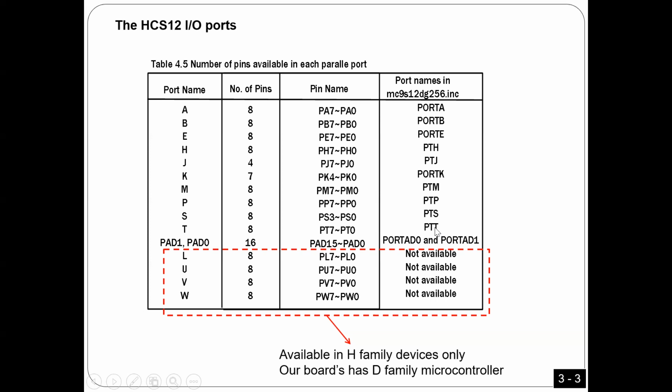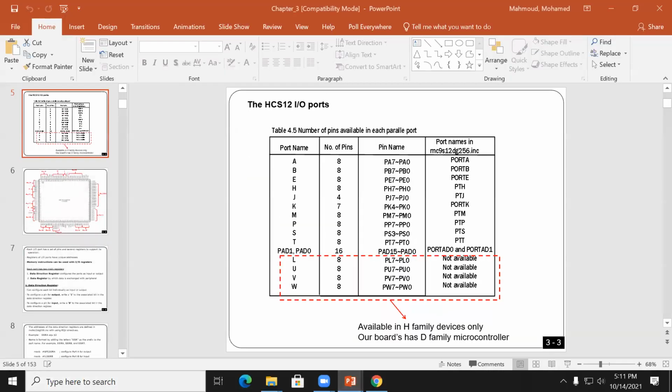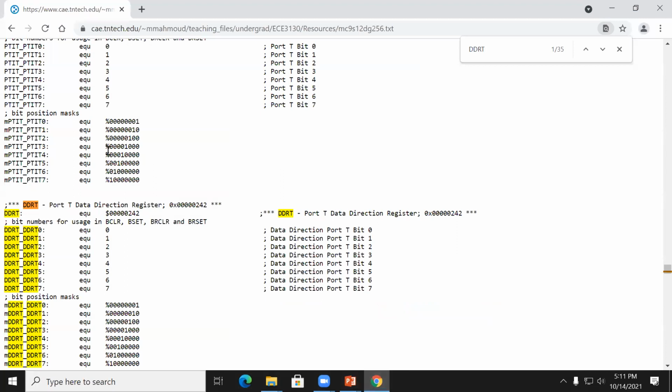Is that okay? Let me show you. Let's go to the file and show you, for example, PTT, how it is defined in this file. Again, in every lab you did so far, in the 6 labs, you remember, you always include this file in the very beginning, right? So again, you don't need to do anything. You already included the file. You can just use the English names.